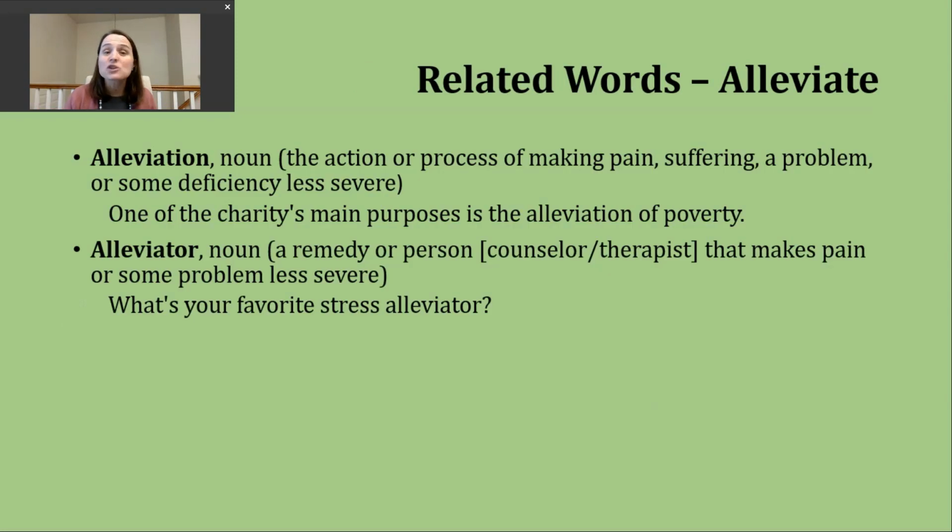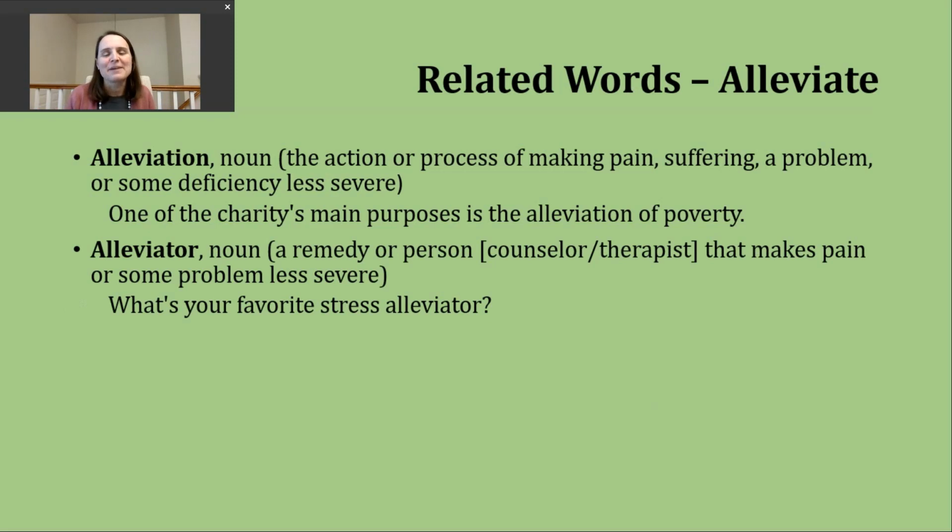Now, let's spend just a moment looking at some words that are related to our verb alleviate. The first word that we're going to look at is the noun form alleviation. This is the action or the process of making pain, suffering, a problem, or some deficiency less severe. Again, we might think of that as not so bad.